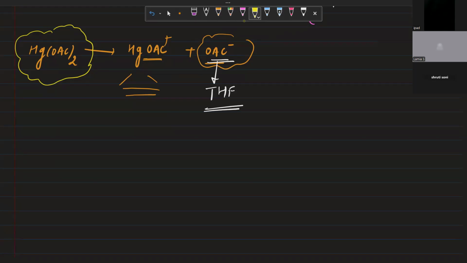Okay, so now we will start with chemical properties. What is chemical properties? Like the properties of a compound, like boiling point, or solubility?